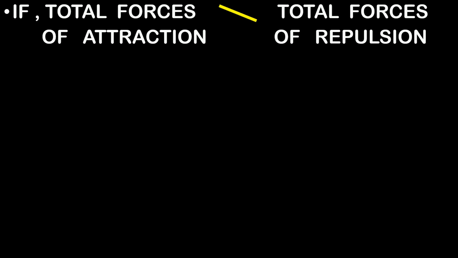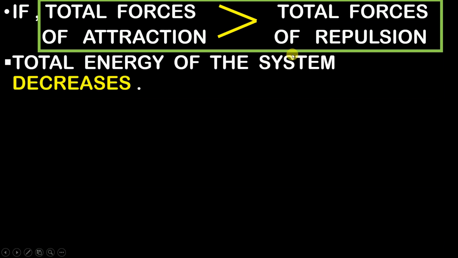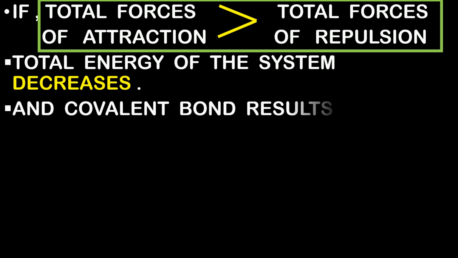If the total forces of attraction are greater than the total forces of repulsion, then the total energy of the system decreases and a covalent bond is going to form. So for the formation of a covalent bond, it is important that the total forces of attraction must be greater than the total forces of repulsion.